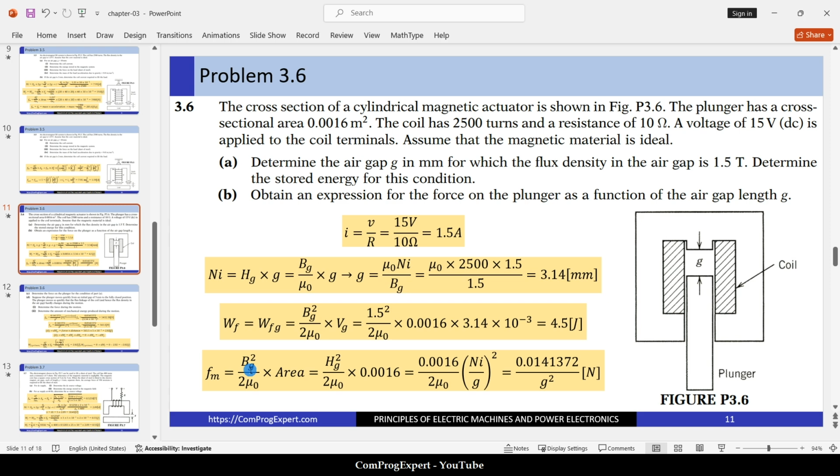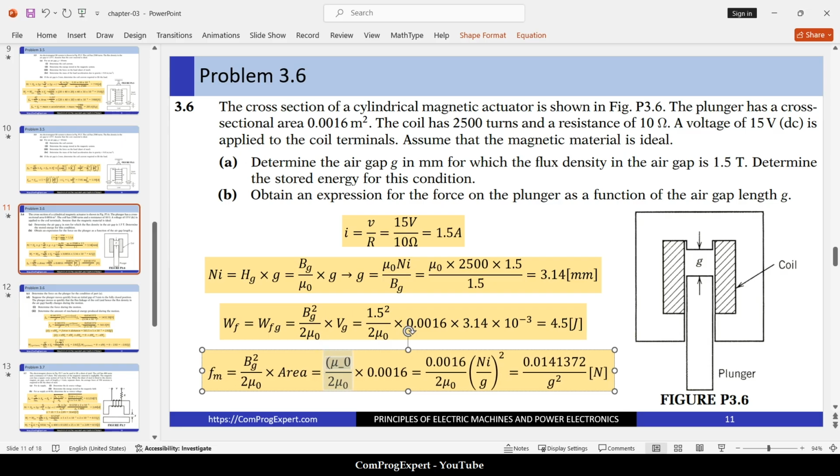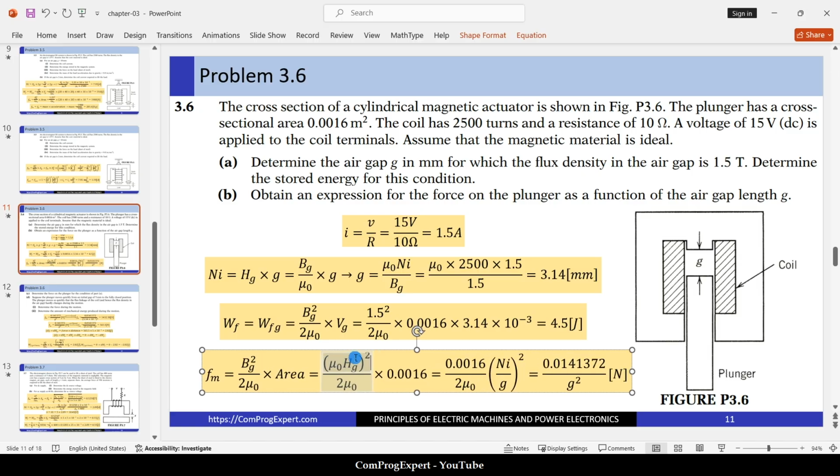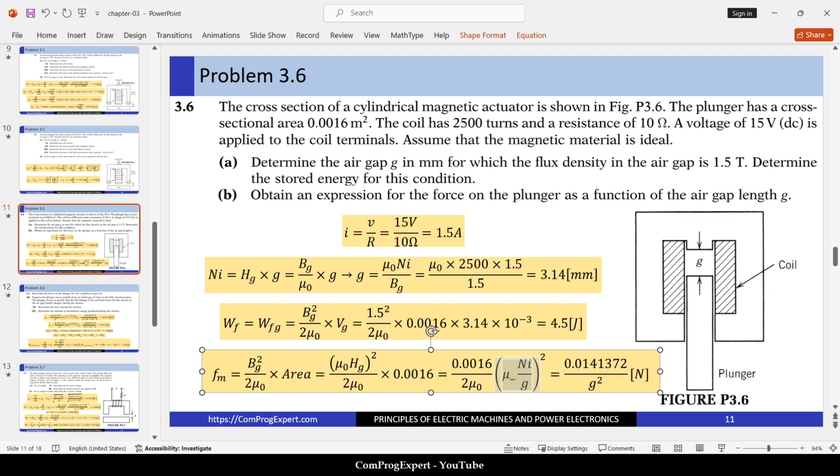B gap to the power 2 is equal to, excuse me, instead of B gap, we can write mu 0 times H gap to the power 2. Instead of B gap, we can write this. So this is the area, 2 times mu 0, and this is mu 0 times Ni divided by gap to the power 2.